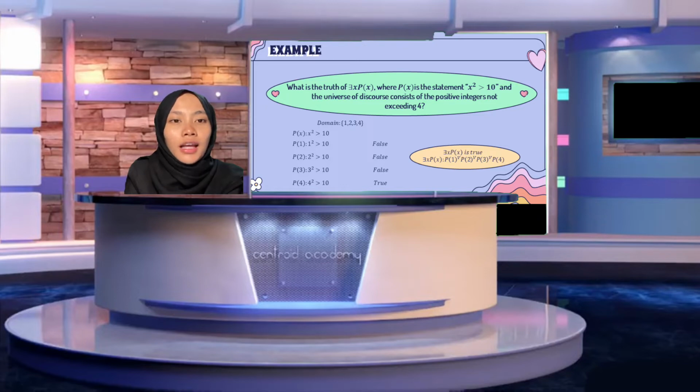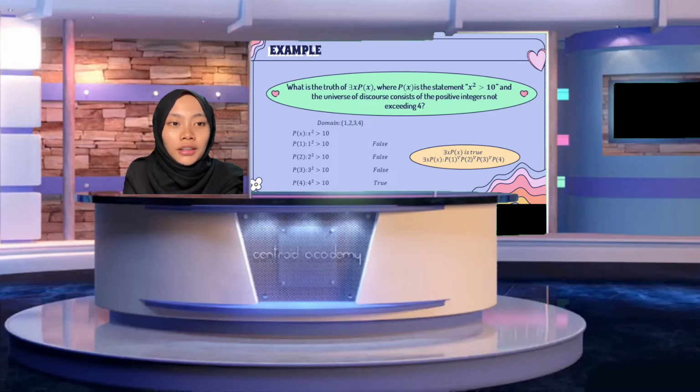We know that P(x) is the statement x squared greater than 10. Now, if we replace x by 1, then we can say that 1 squared is greater than 10. Please note here, the domain consists of positive integers not exceeding 4. So the domain is 1, 2, 3, 4, right? You can see over here that with x equal to 1, we are getting the truth value as false.